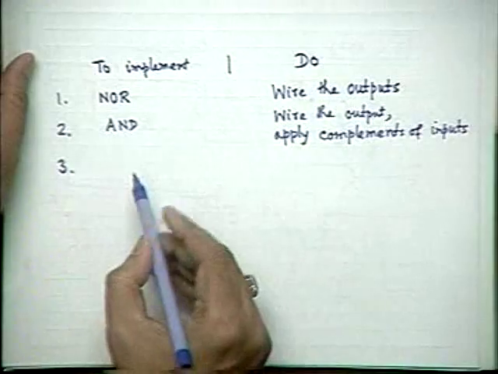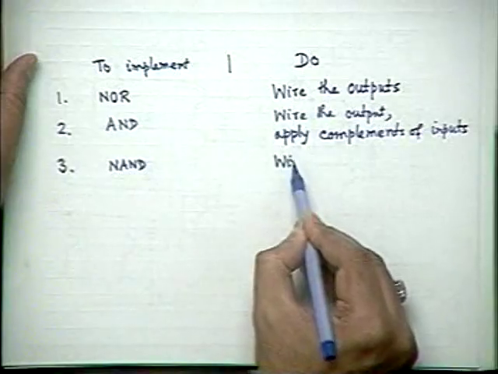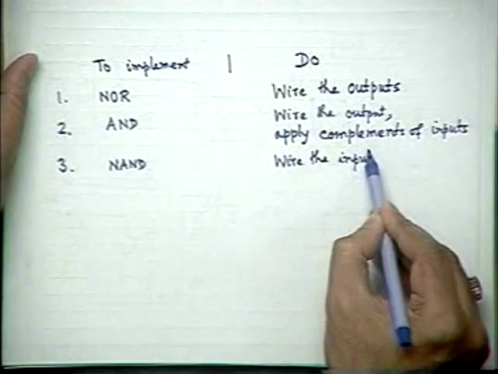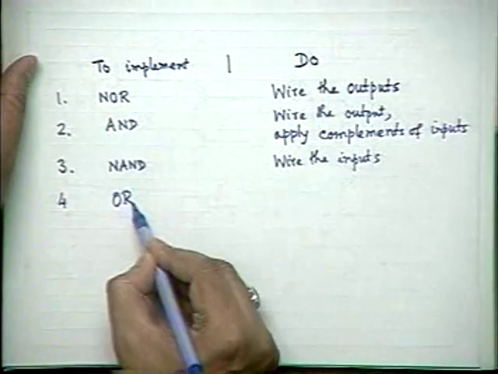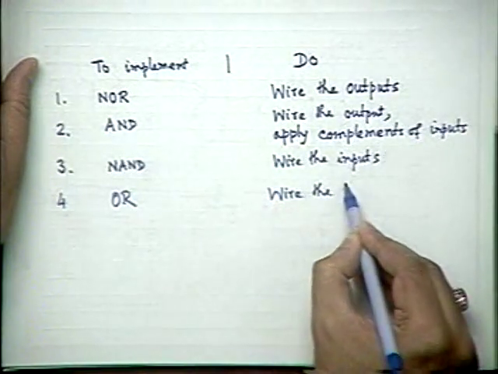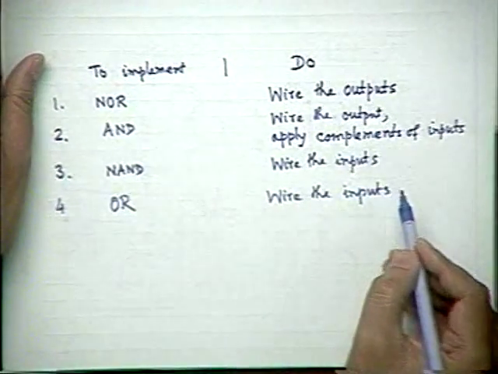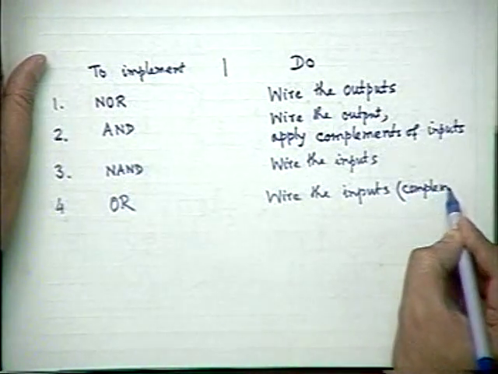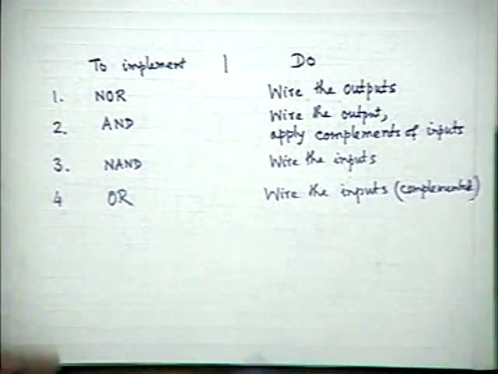Then 3 is the NAND gate, where the inputs are shorted. And 4 is the corresponding OR gate. The similarity is there, where the inputs are complemented.